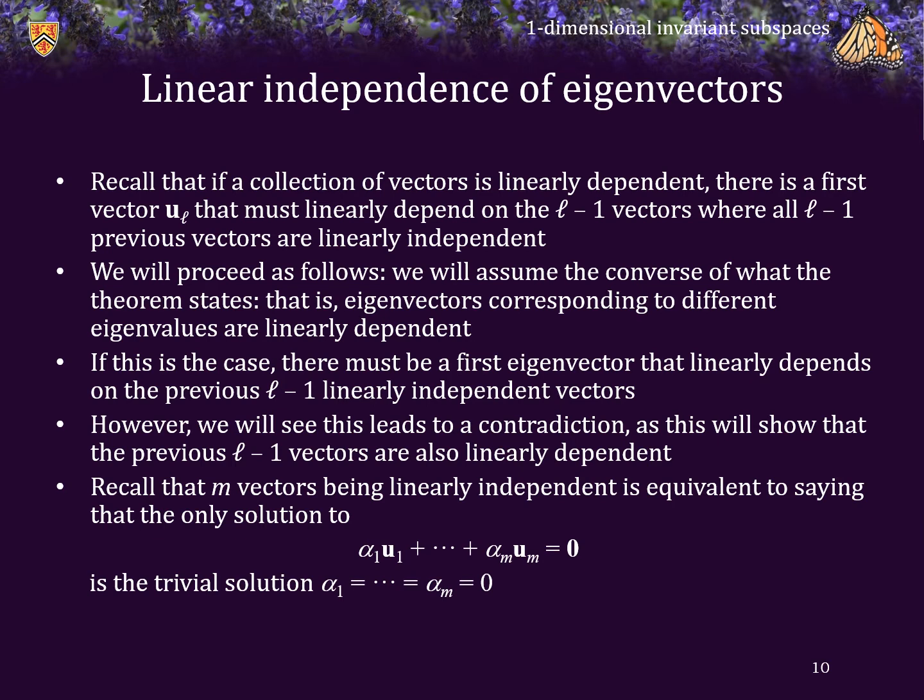A contradiction. Recall that m vectors being linearly independent is equivalent to saying that the only solution to a linear combination of those vectors equaling the target vector 0 is the trivial solution when all of the coefficients are 0.